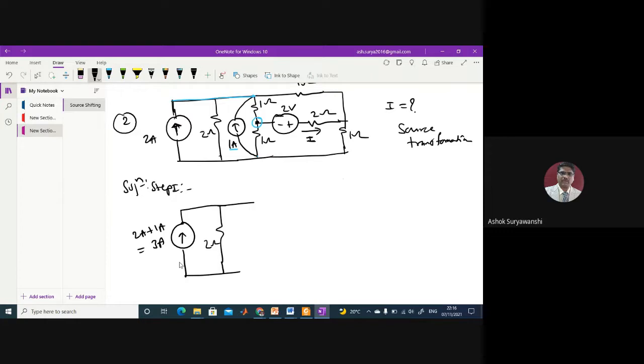So this 1 ampere is added here. The remaining circuit is here: 1 ohm, 1 ohm, 1 ohm, 1 ohm, and then other branches, 1 ohm, and minus plus 2 volt.